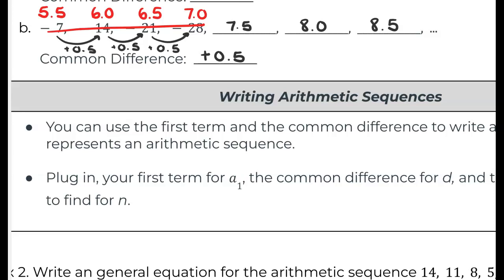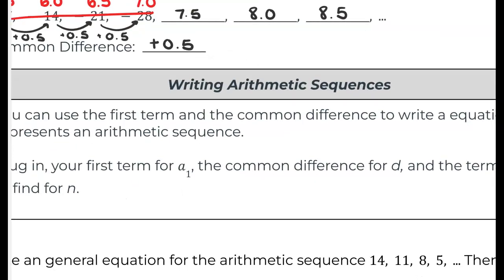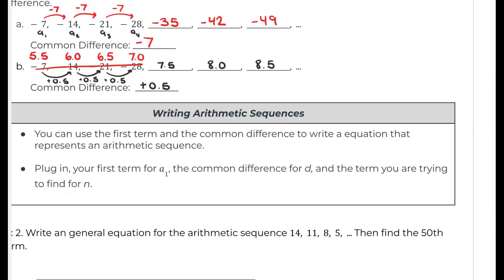So what this box is saying is, if we have the first term of our arithmetic sequence, and we also know what the common difference is, we can write an equation to find any term of the sequence. So like I was saying, I could find the 109th term if I know the first term and the common difference.